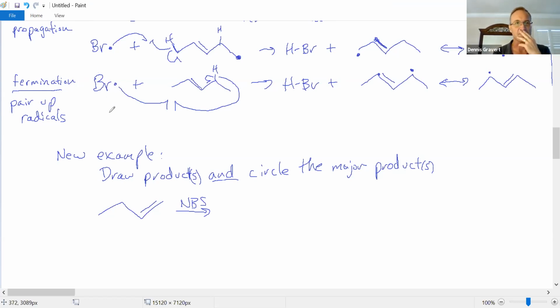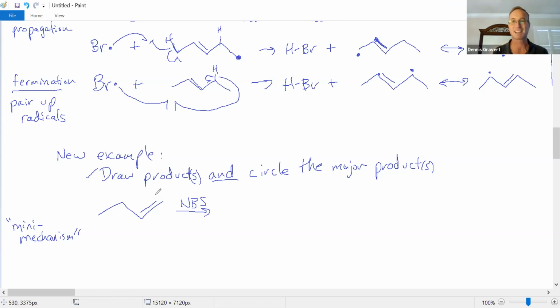But there's a shortcut. Turns out you only have to draw the carbon-based radicals and their resonance structures. So I call it a mini mechanism. If I ask for the mechanism, you get partial credit if you drew just the mini mechanism. But this question is not asking for the mechanism, it's just asking us to draw the products.